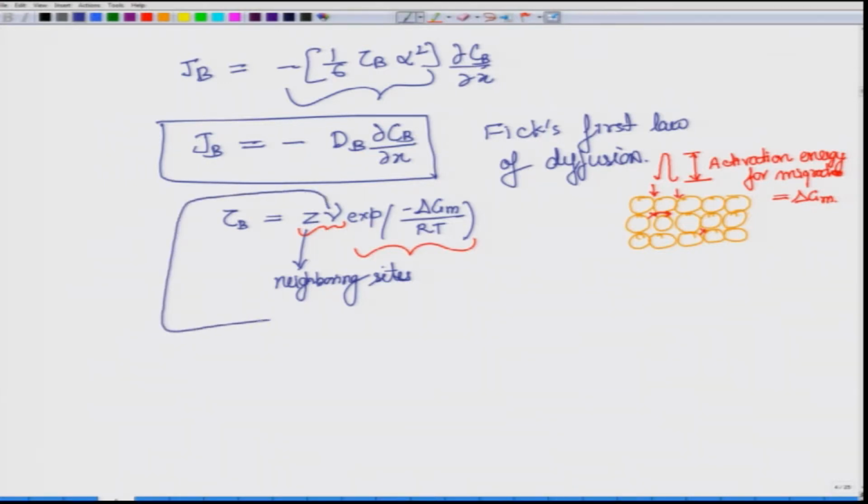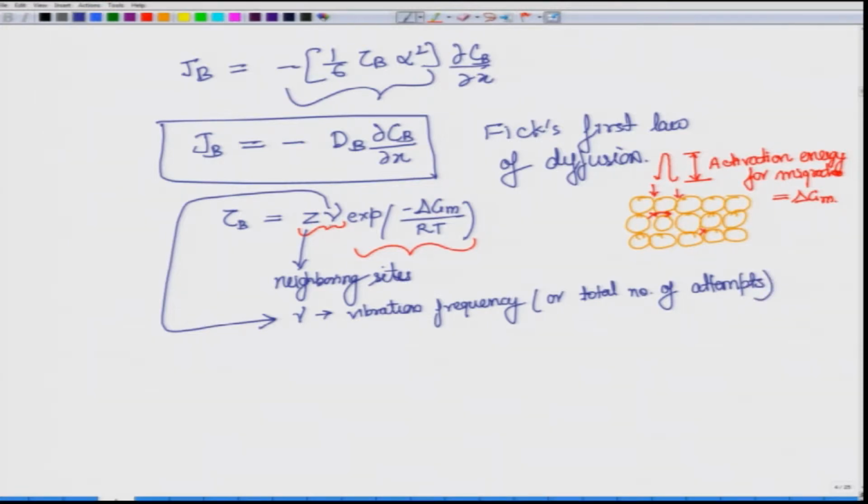Nu is in effect the vibration frequency, that is, the number of attempts in any particular direction.